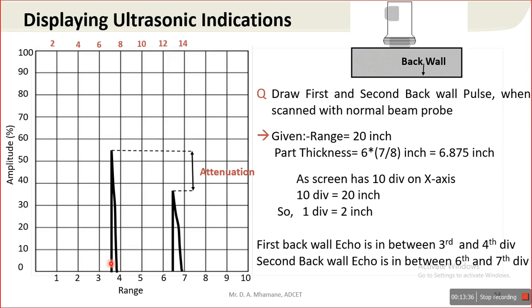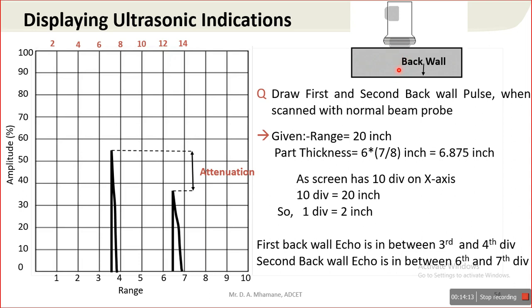So this back wall comes repeatedly after the same interval of time. So first back wall comes after a particular division, second back wall comes after the same interval of time, because the ultrasonic pulse is continuously propagating inside the component, as the probe is there on the top surface, and no defect or discontinuity is present between the two surfaces.